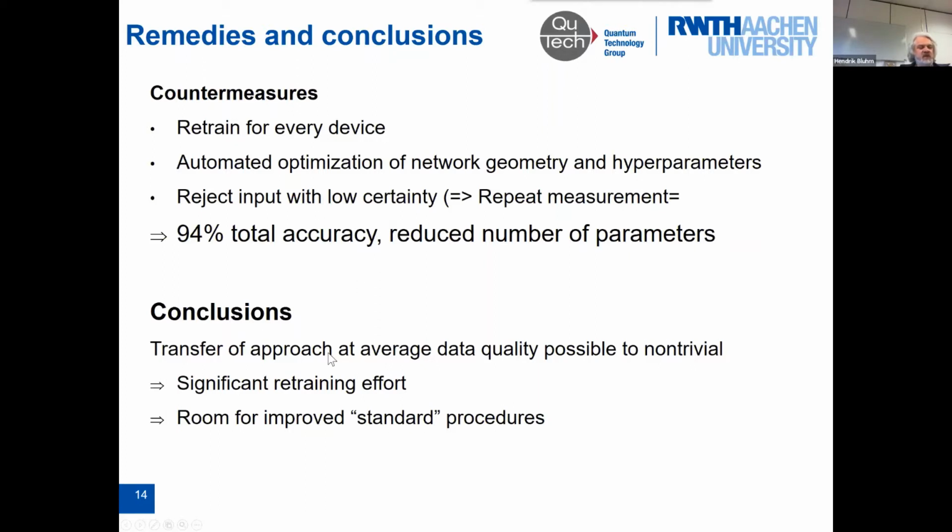It requires a significant retraining effort, and retraining often means, if you don't have a good reference and cannot use simulations because they're not realistic enough, which more or less was what we found, manual labeling of the results, which is a significant human effort. And so I think overall, we haven't quite found the golden bullet yet, and there's significant room for improved standard procedures that could be used as a resource by the community to achieve this task. So more things to do.